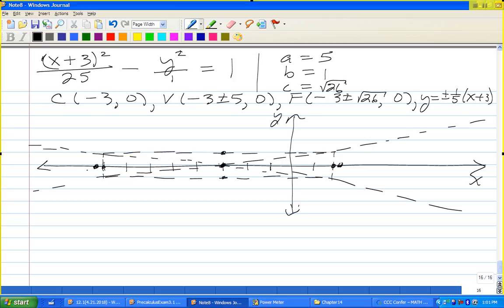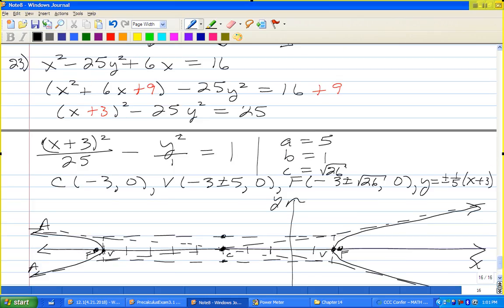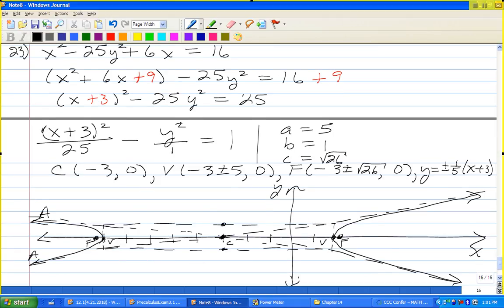So foci, vertex, center, vertex, foci. So it should look something like this, and there, and these are your asymptotes. And that is what your hyperbola looks like. It's really flat. Sounds kind of like squashed almost.